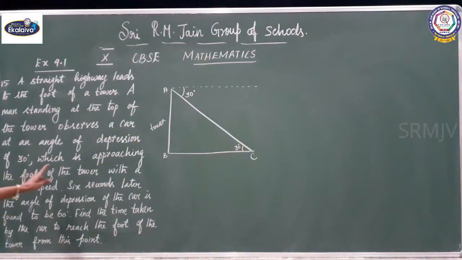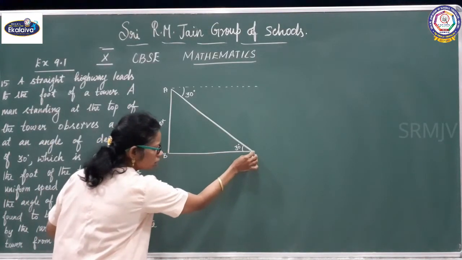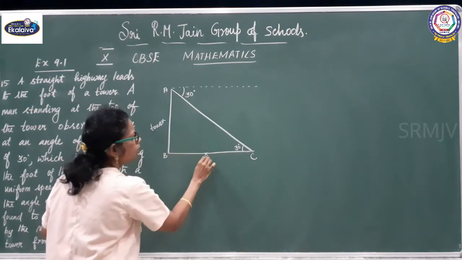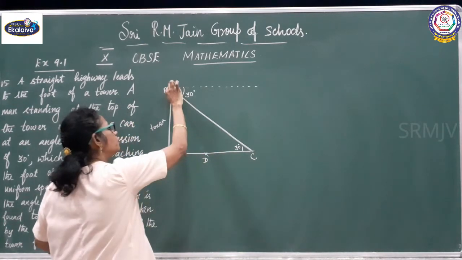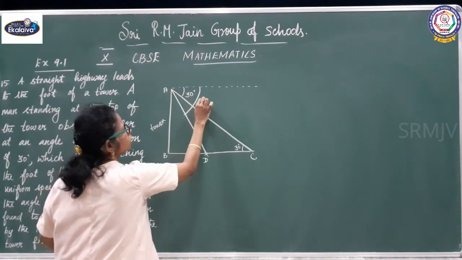Then the car is approaching the foot of the tower with a uniform speed. 6 seconds later, the angle of depression of the car is found to be 60 degrees, right? That means after this, it moved towards the foot of the tower, maybe here, right? Now it makes an angle, what he mentioned in the question, 60 degrees.